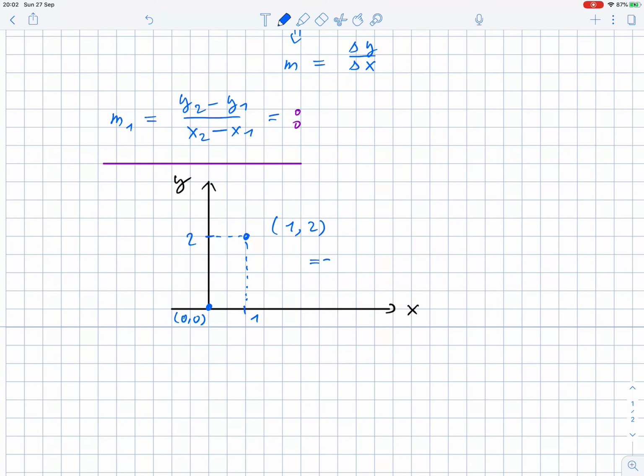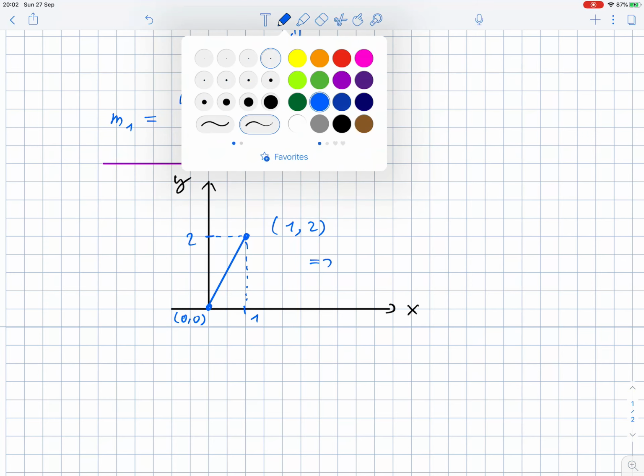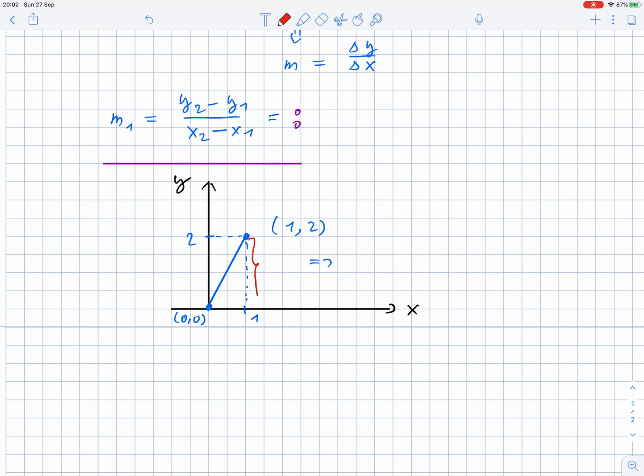From here, this difference we call delta y, where delta y equals 2, which is this point, minus 0, this point. The first value of y and the second value of y, and we calculate the difference.